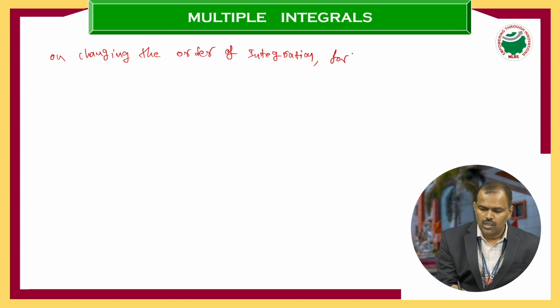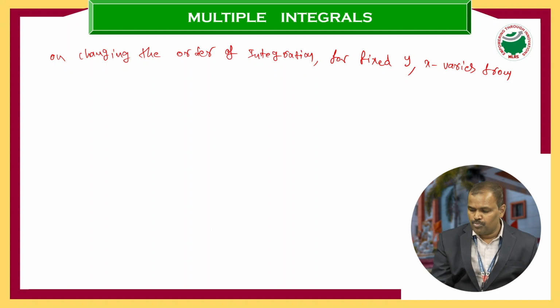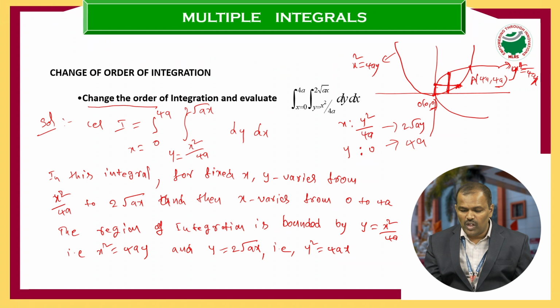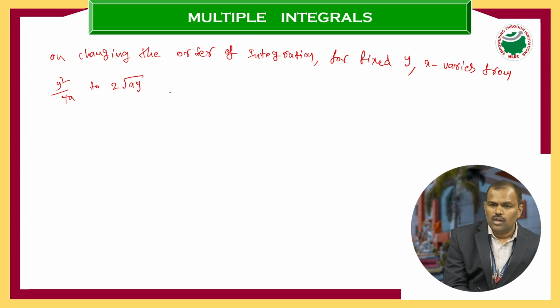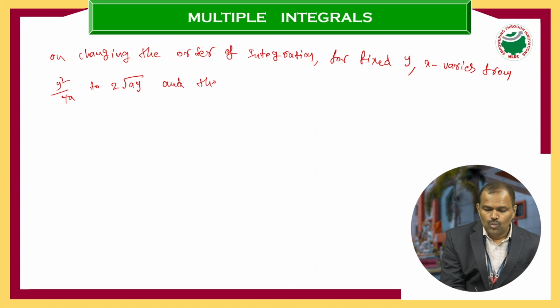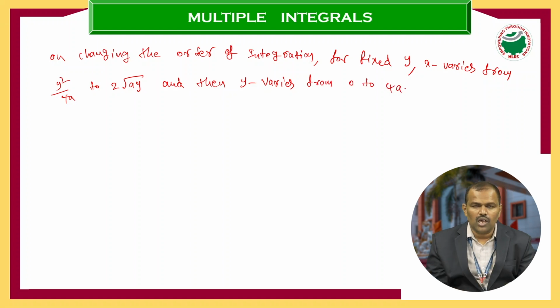For fixed y, that means y limits are constants, x varies from y square by 4a to 2 root ay, and then y varies from 0 to 4a. These are the new limits after changing the order of integration.